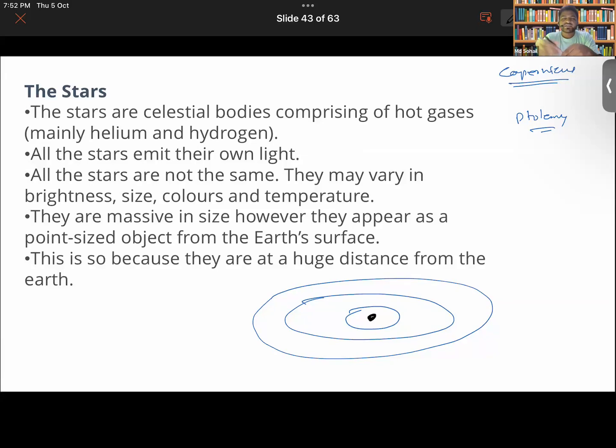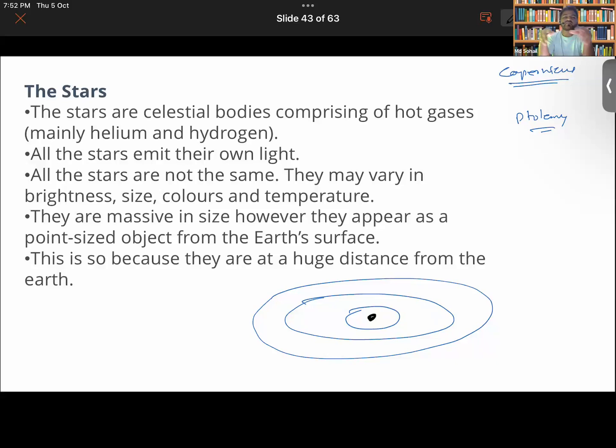Since Mercury and Venus revolve in smaller circles, they are closer to the Earth. And he said the bigger planets, the gaseous planets like Jupiter or Saturn, were moving in bigger circles.